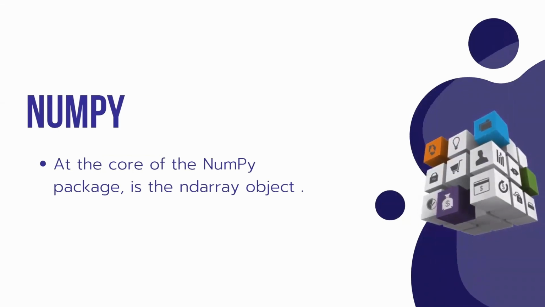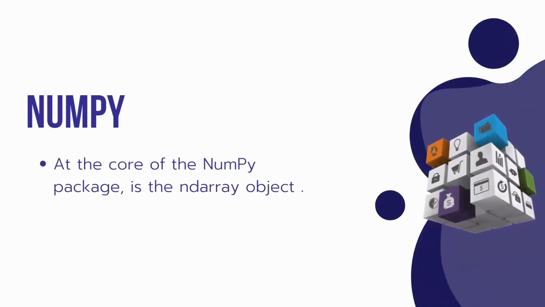At the core of the NumPy package is the ndarray object, and we use it with multiple tools provided by NumPy. NumPy provides fast operations on arrays like mathematical, logical, shape manipulation, sorting, selection, basic linear algebra, and statistical operations.